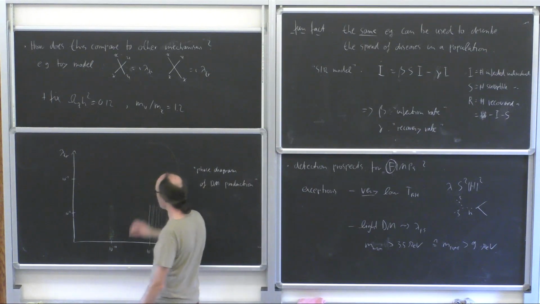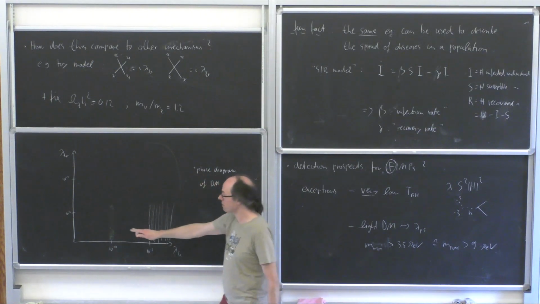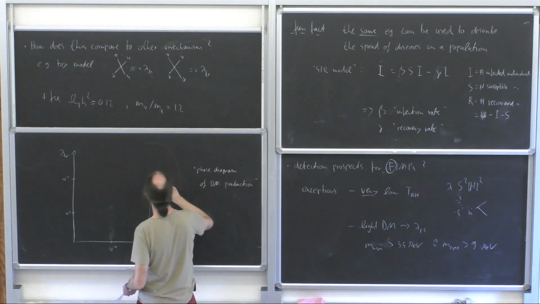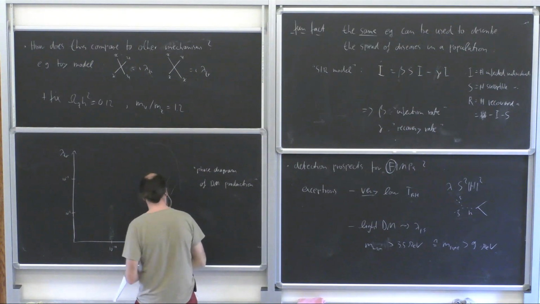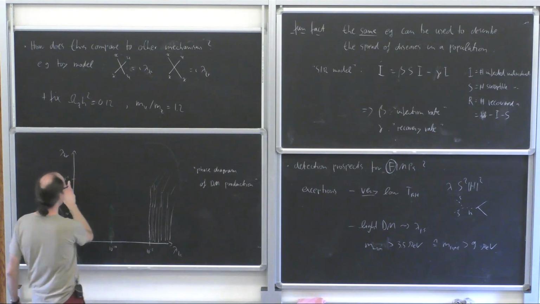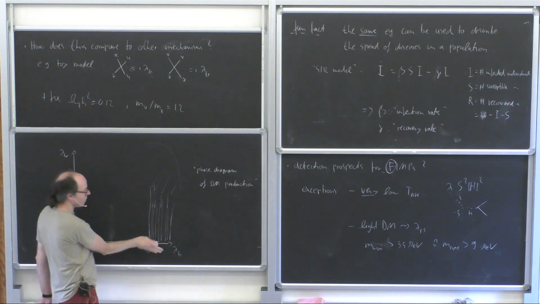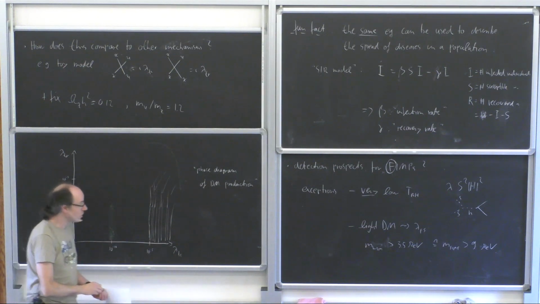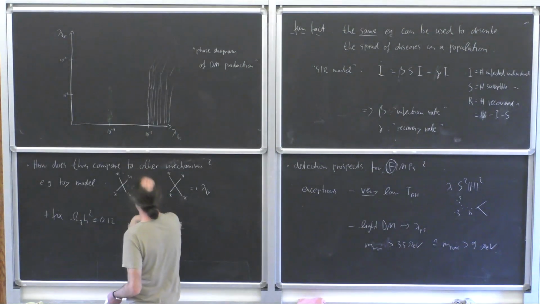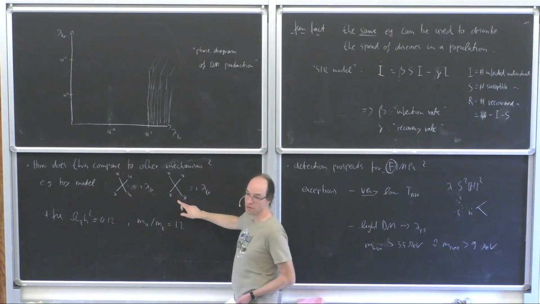Okay, so what happens then if we increase this transmission coupling further? So then we can, let's start here. So at some point when it's very strong, this freeze-out process will be dominated not by this diagram anymore, but by this diagram.